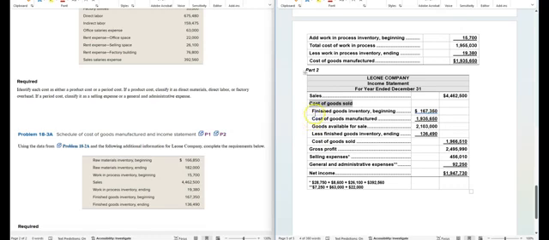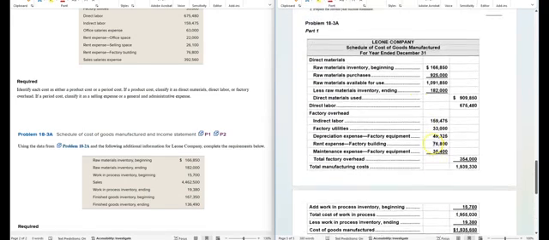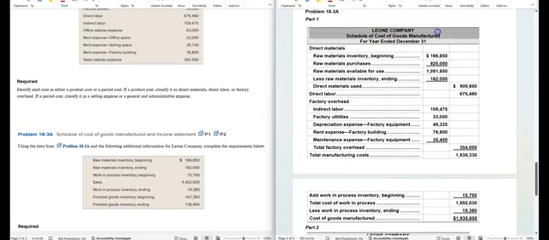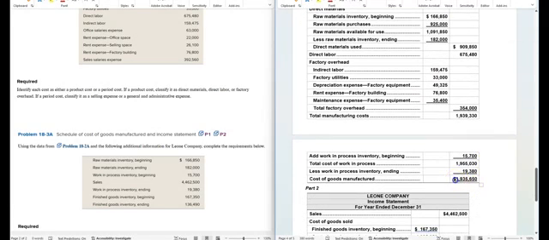We began the year with a balance in finished goods representing cost of inventory manufactured in a previous accounting period, ready to be sold. During the period, we add to that all of the cost of the goods we manufactured this accounting period, which we just calculated in our cost of goods manufactured report.